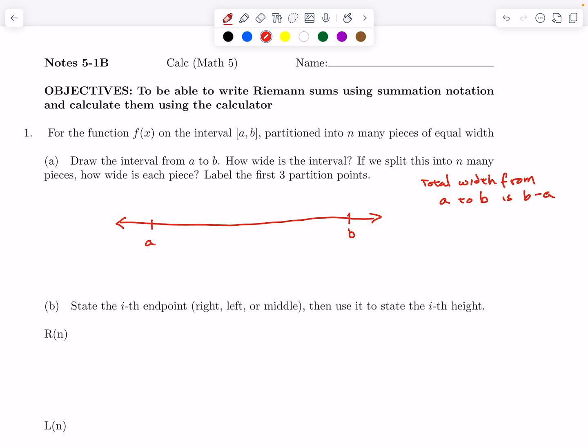Width of each partition piece, if we're breaking it into n many pieces, is going to be B minus A over n.